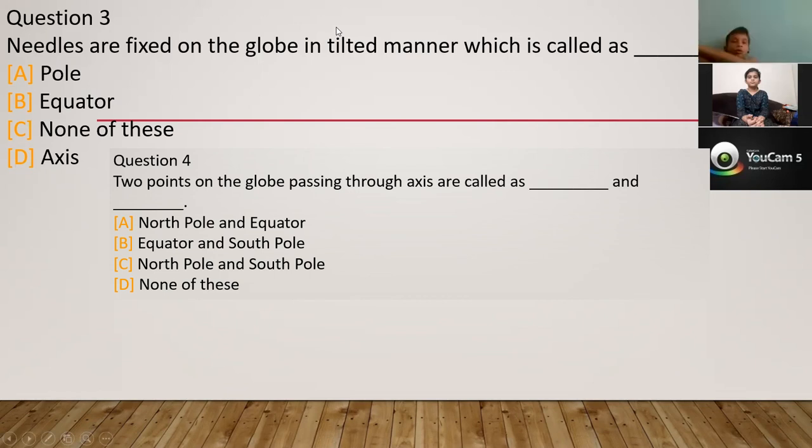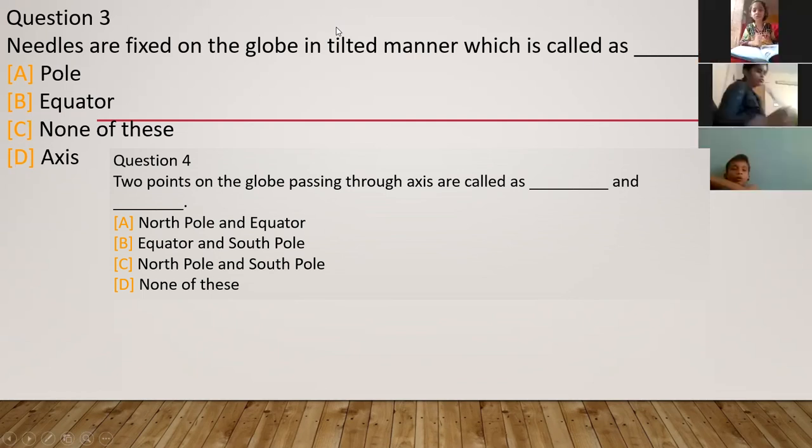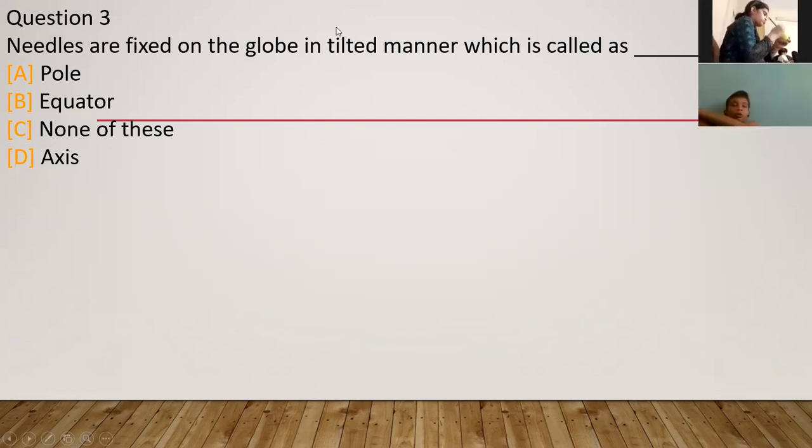Where is the axis? We just saw the axis at the equator. 2 points passing through the globe. Isn't it North Pole and South Pole? Up and down? Where was the needle? It was at the top, a bit of it at top and a bit shown in the bottom, with a blue color. Okay, no issue. Let's move further.